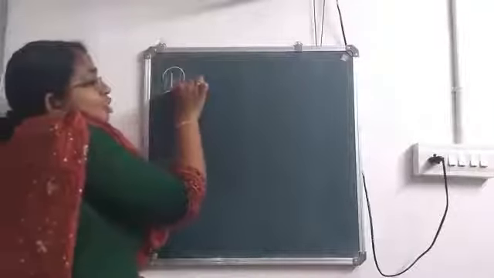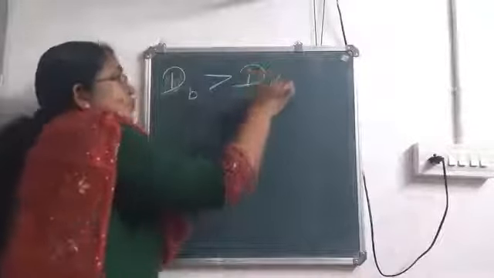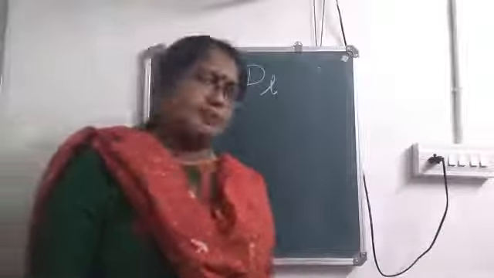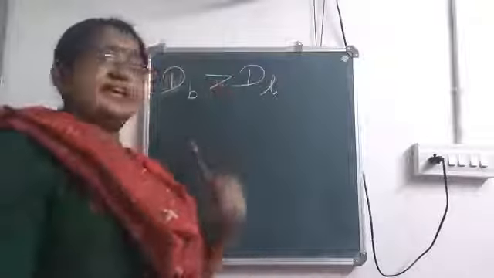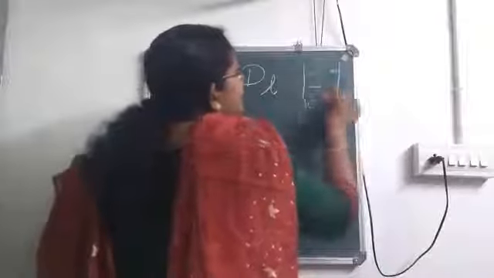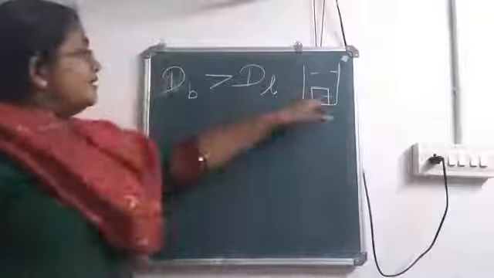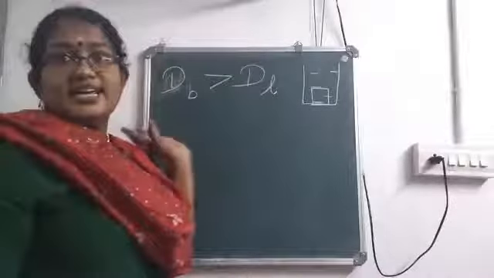If the density of the body is greater than the density of the liquid, what happens? The body will sink. So here the density of the body is greater than the density of the liquid, so the body sinks.